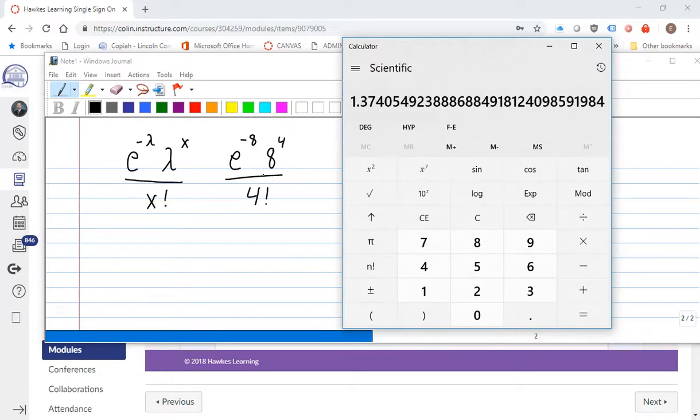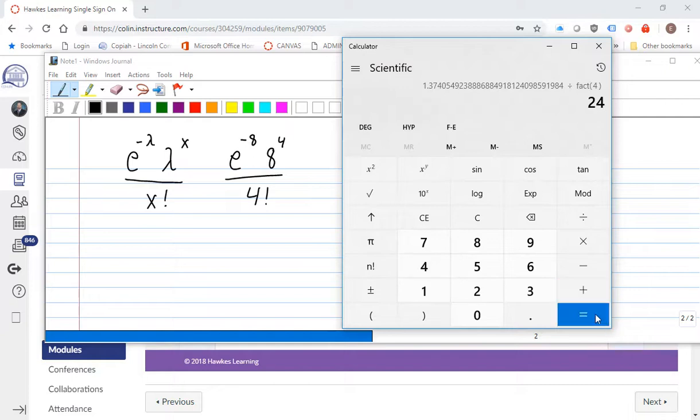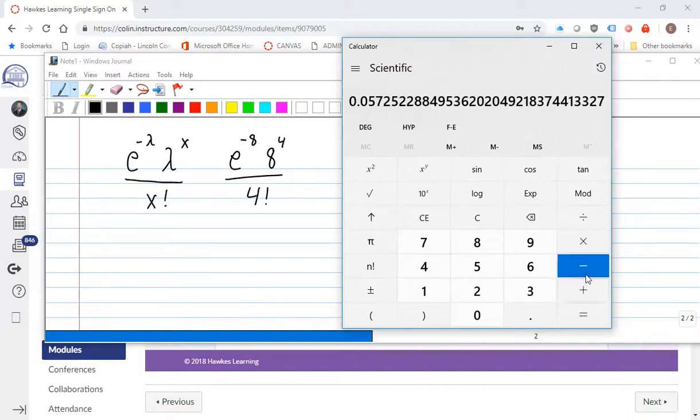And then I have to divide by 4 factorial. So divided by 4 factorial equals, and that's my probability. If this problem is like all the others, I'll round to 4 places. If I round to 4 places, then that's going to be 0.0573.